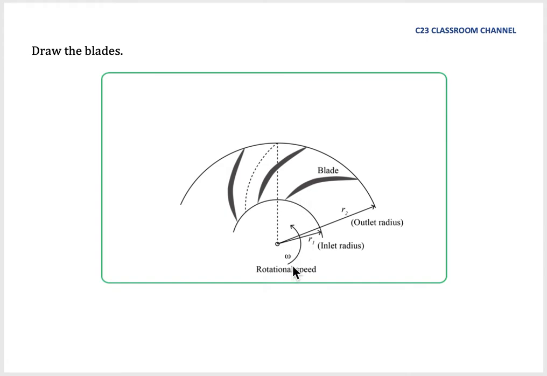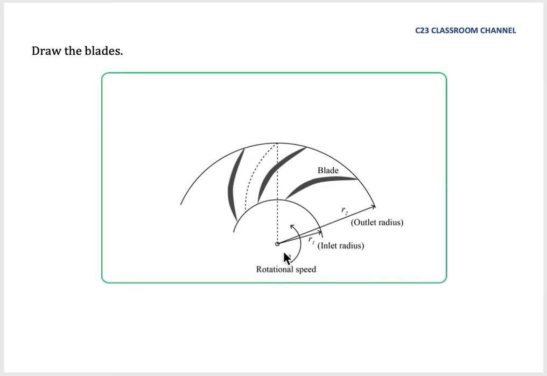Then we draw the rotational speed. It is very important. And then we need to draw the boundary of the shroud. The blade is on the impeller, on a circular shape like this.